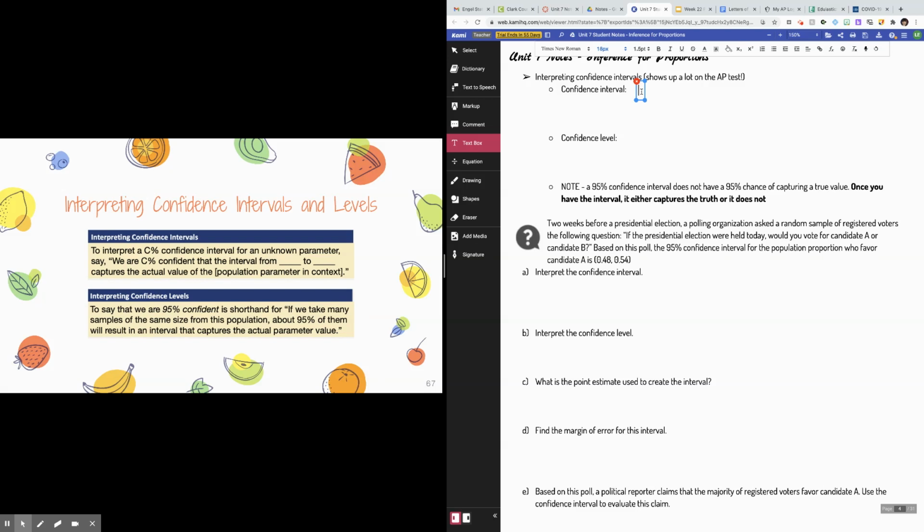Okay, so here's your word formula. So for a confidence interval, if you were asked to interpret a confidence interval, this is how you would write it. You would say, we are, and then you would list your confidence level.